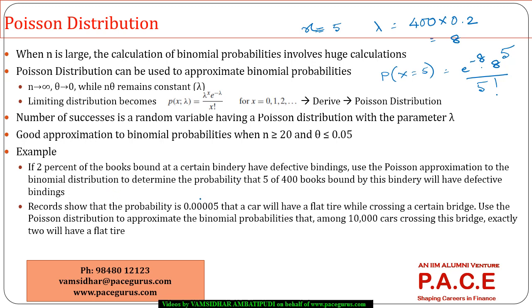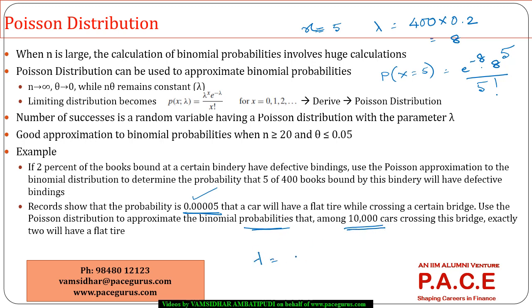Similarly, records show that the probability is 0.00005, a very small probability, that a car will have a flat tire while crossing a certain bridge. Use the Poisson distribution to approximate the binomial probability that among 10,000 cars, exactly 2 will have a flat tire.